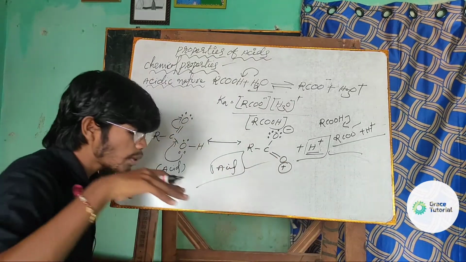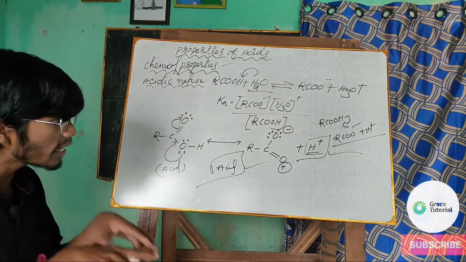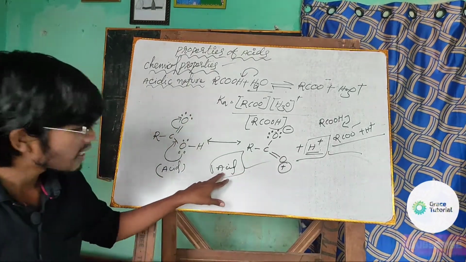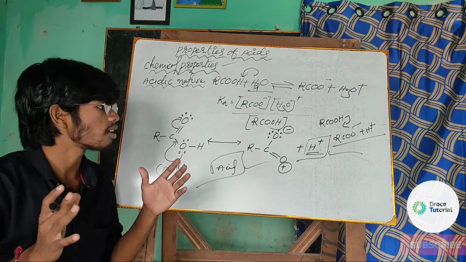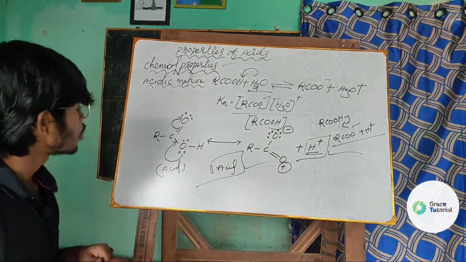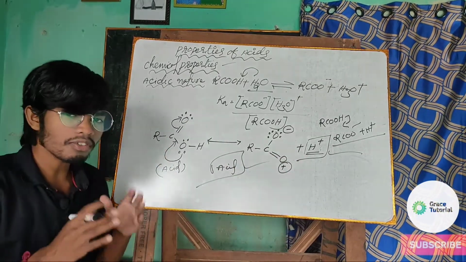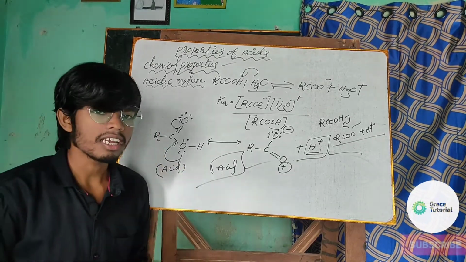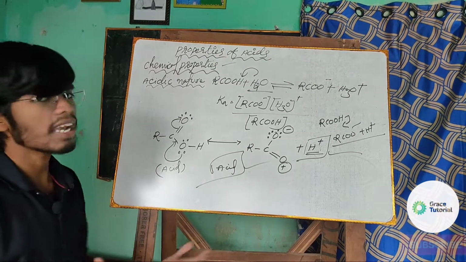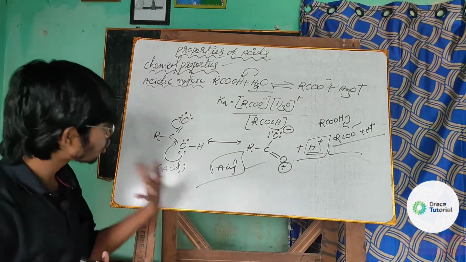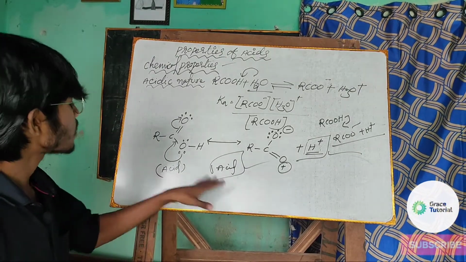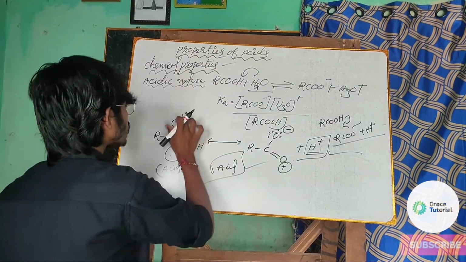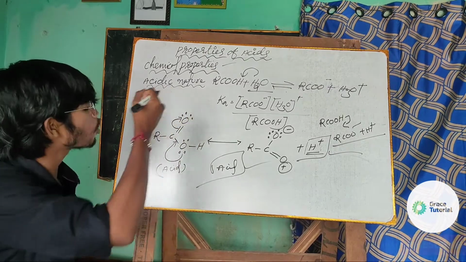The substance which has the tendency to release or donate a proton is to be regarded as an acid. So this RCOOH acts as an acid due to its resonating behavior. Resonance how? Here the shared pair of electrons will be attracted more towards the oxygen atom.